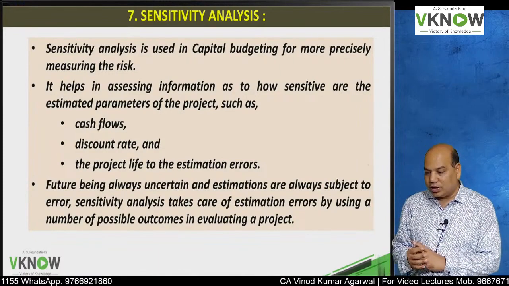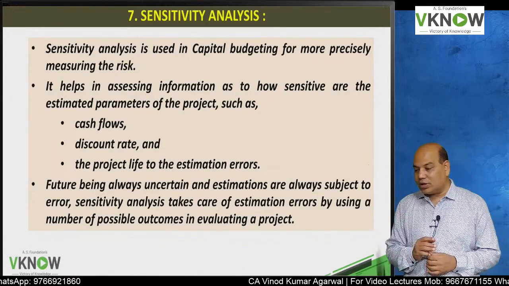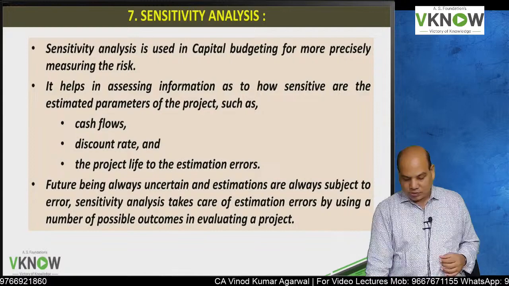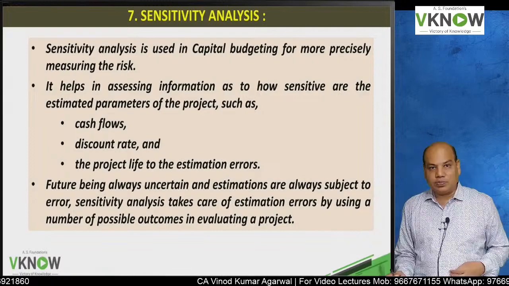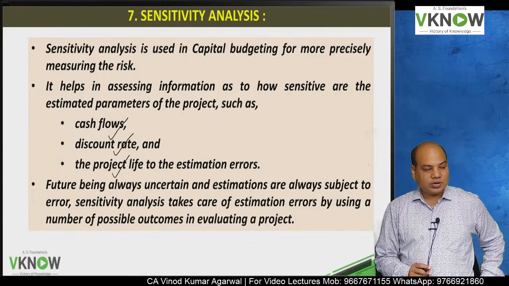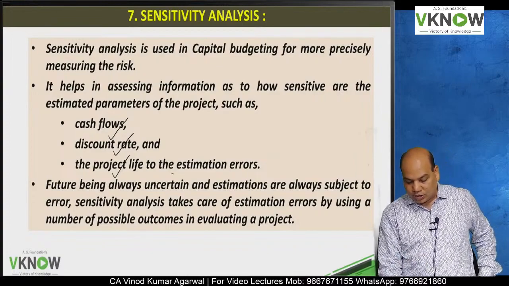Okay, it helps in assessing information as to how sensitive are the estimated parameters of the project, such as cash flow, discount rate, project life. These are all my estimated numbers, because once I start the project, the actual outcome can be different from the estimation.